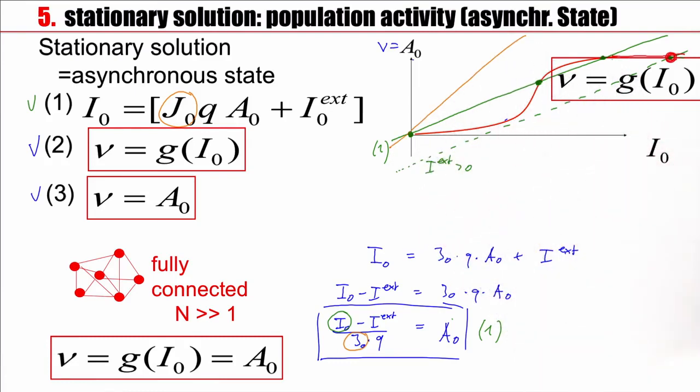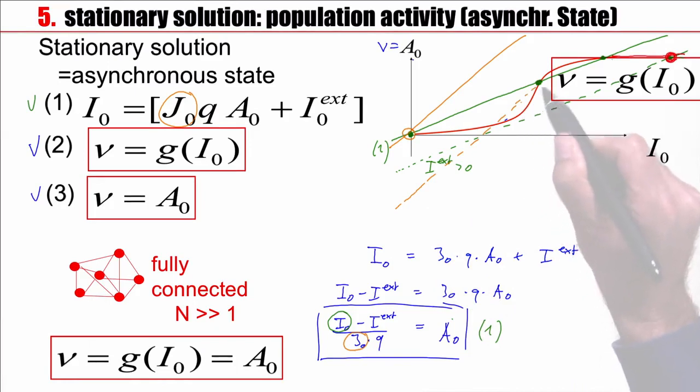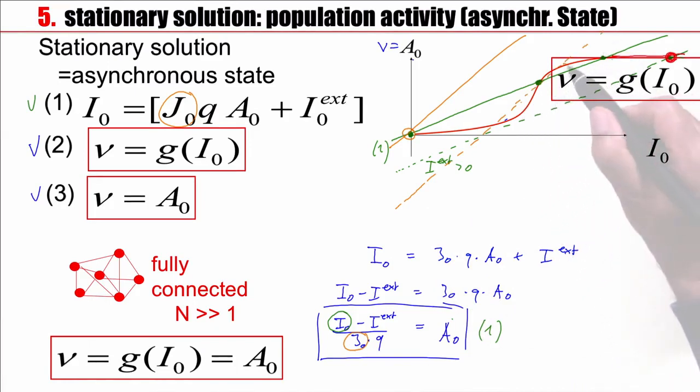other crossing points. So for weak coupling in the network, only a population activity at a very low level is possible, unless I have a strong external input, in which case I can still find my solutions that have a much larger value.